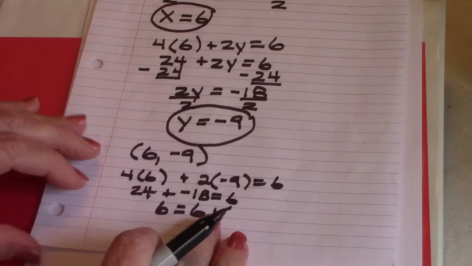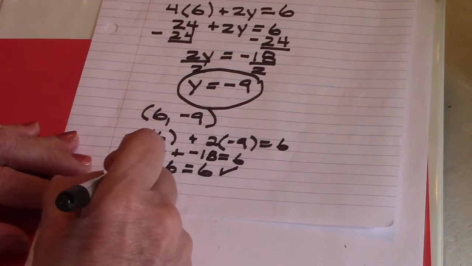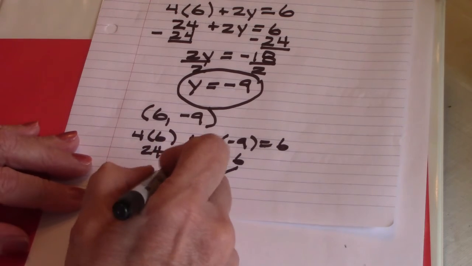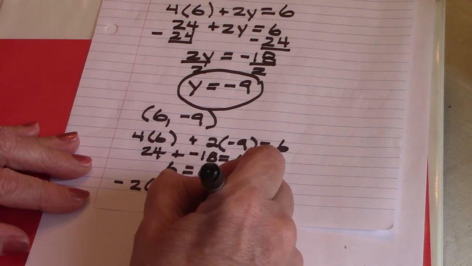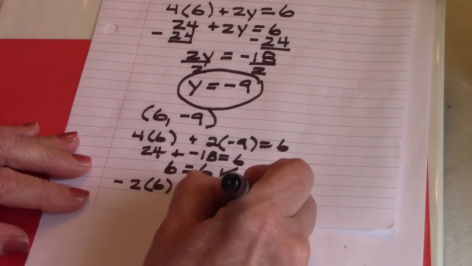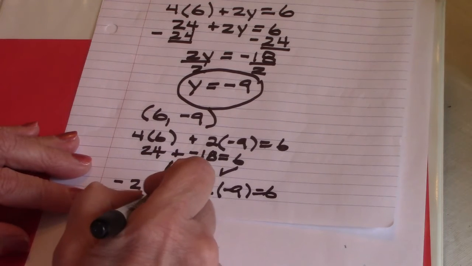All right, let's plug it into my second equation. A negative 2 times 6 plus a negative 2 times a negative 9 equals 6. A negative 2 times 6 is a negative 12.